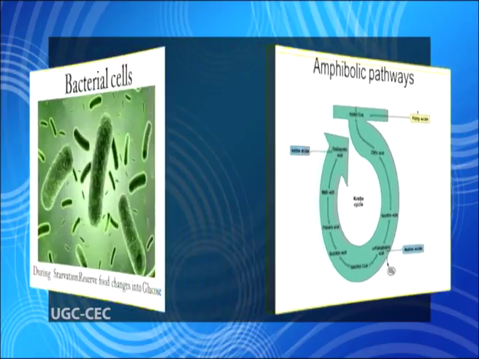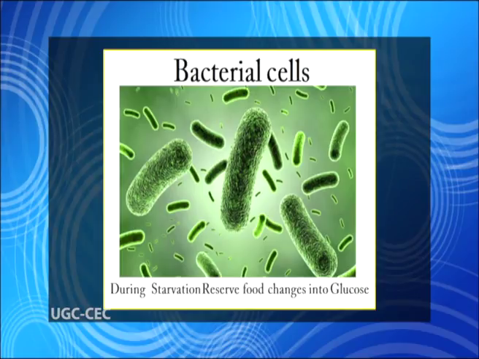For example, when a bacterial cell is starved for some time, the reserve foods are oxidized and then converted into sugars. Oxidation of reserve foods is a destructive process, and synthesis of sugars is a constructive process. So amphibolism is partly constructive, partly destructive.